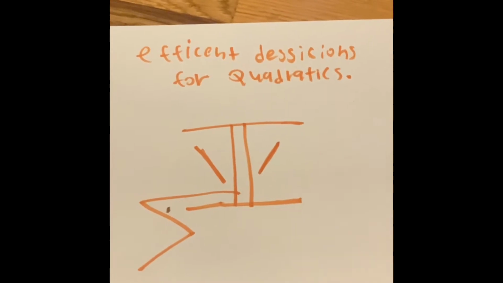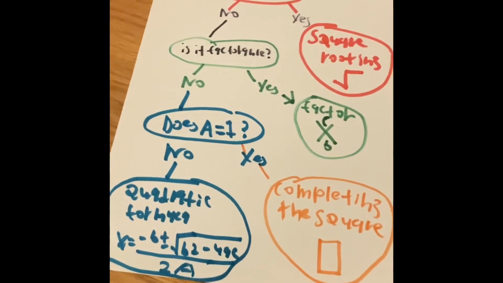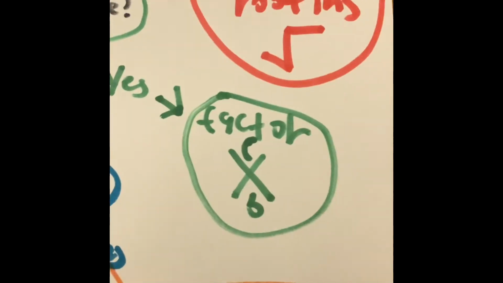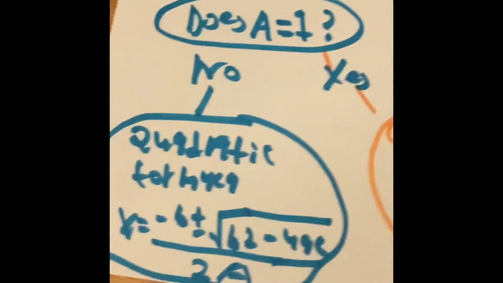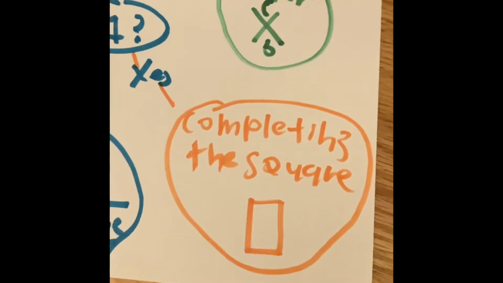We are going to take a look at efficient decisions for quadratics. So we've been learning a lot of strategies when solving quadratic trinomials. We have square rooting, factoring, the most famous one, the quadratic formula, and completing the square.